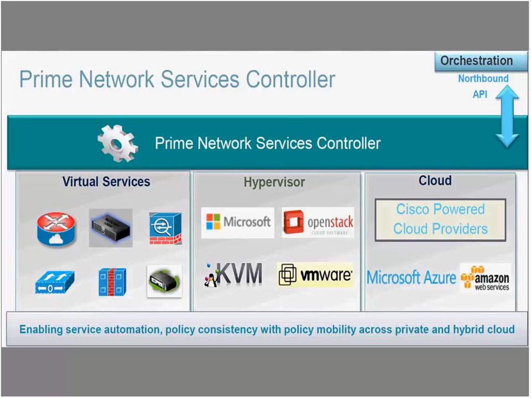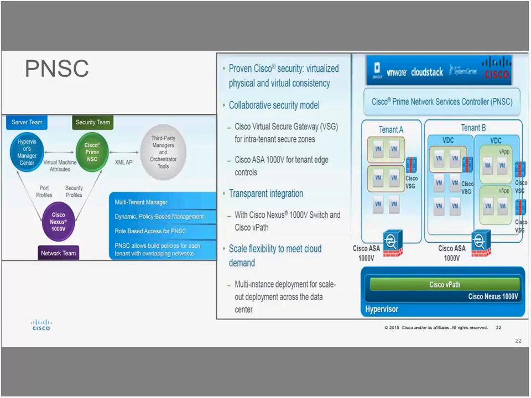We support more virtual services and third-party services, and it can integrate with Amazon, Microsoft Azure, as well as Cisco-provided cloud services. It also has an outbound API so that it can be leveraged by other third-party tools which can program the PNSC as needed.